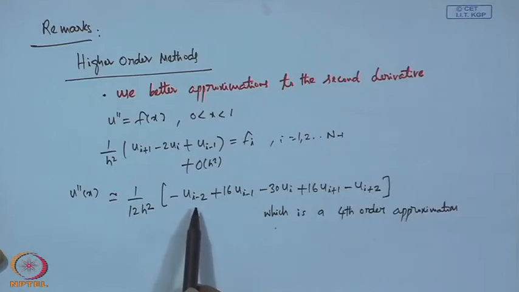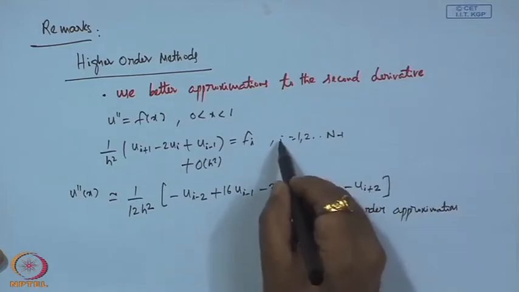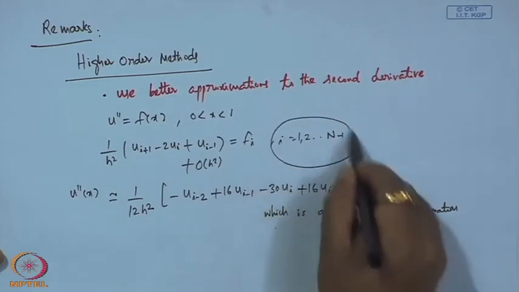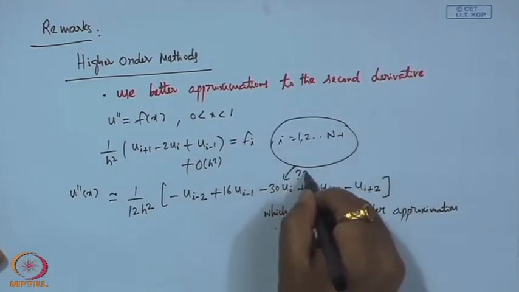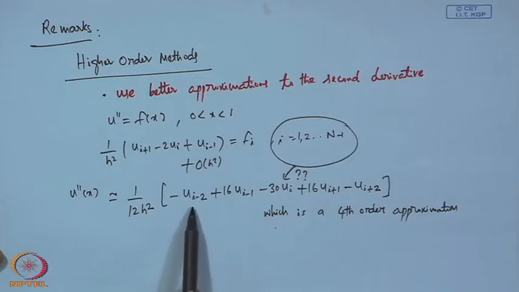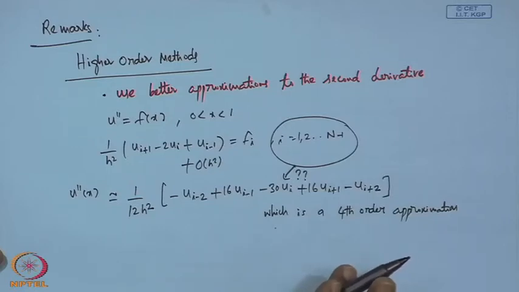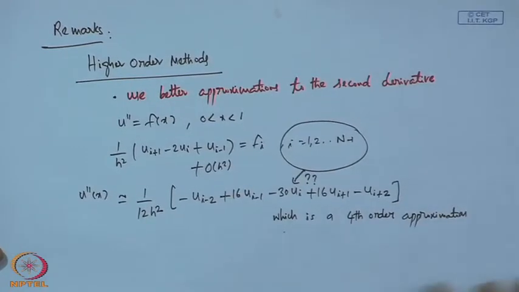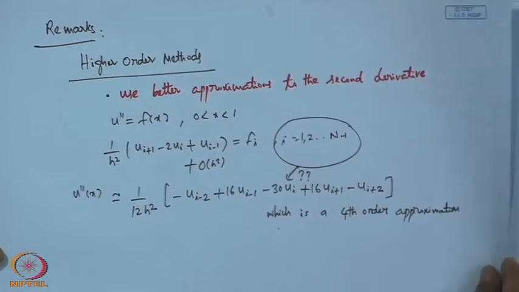However, there could be difficulties because we may not be able to use the equation at the end points. They will introduce fictitious values. So, one has to take care of the corresponding issues, but such higher order methods are possible.